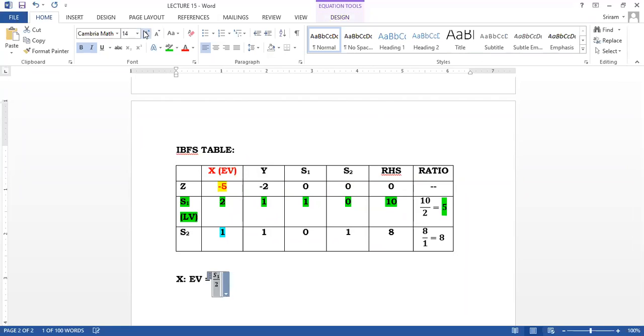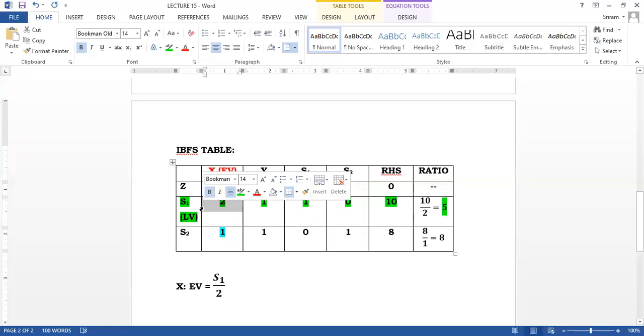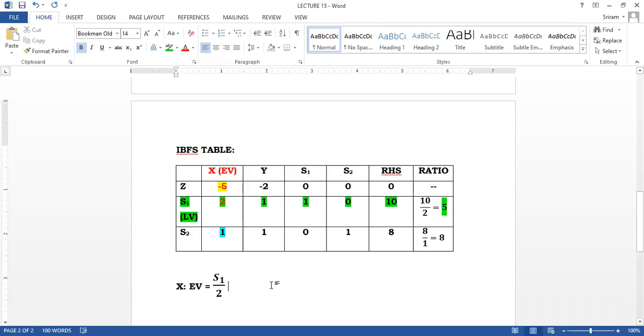Here the leaving variable is S1. I am going to divide by the corresponding pivotal column element, which is 2.